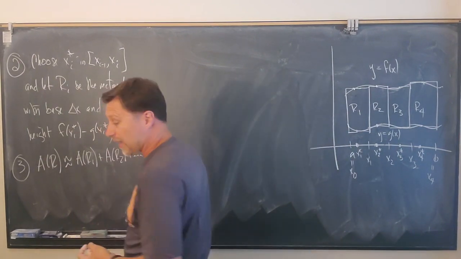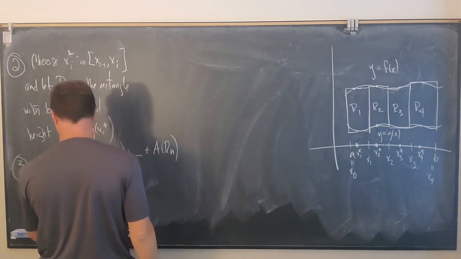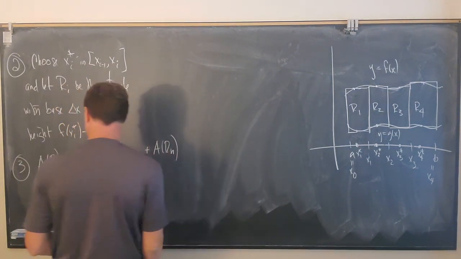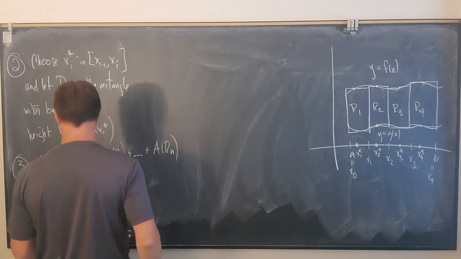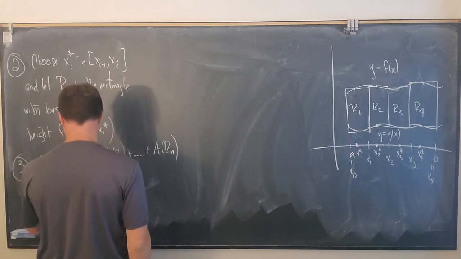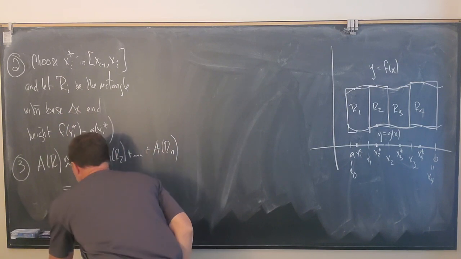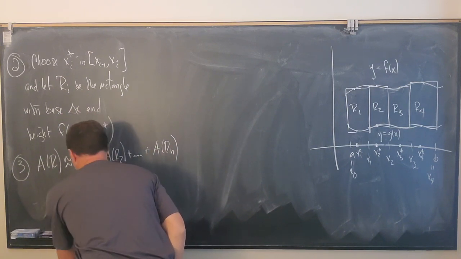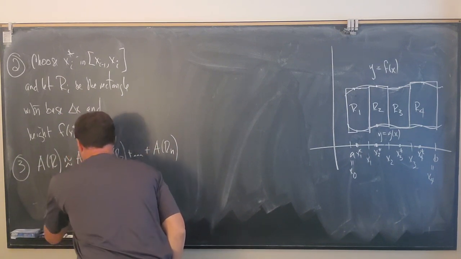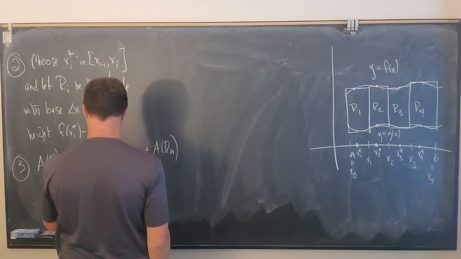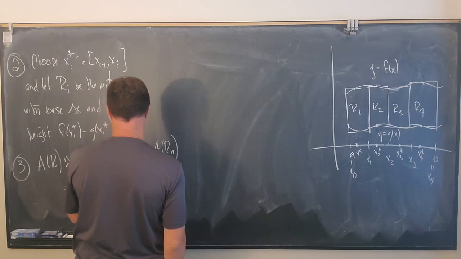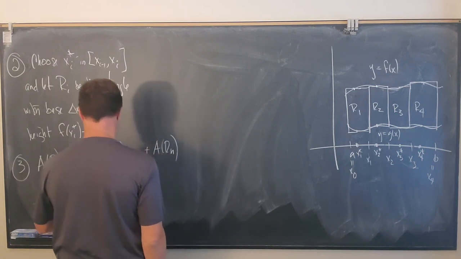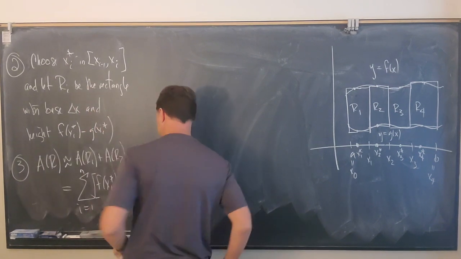Now, how do you compute the area of a rectangle? Well, it's just base times height, and so this is going to equal, using sigma notation, the sum from i equals 1 to n of f of xi star minus g of xi star, times delta x.